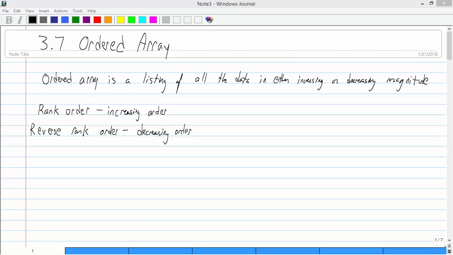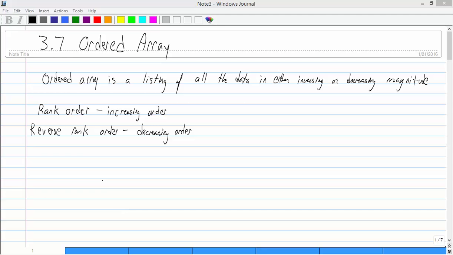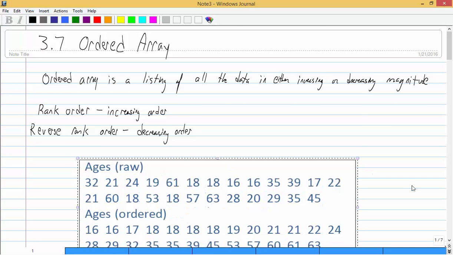So if you have a set of data and the data is going least to greatest with some of the numbers maybe being repeated, then that would be rank order. And if it's greatest to smallest, then it would be reverse rank order.